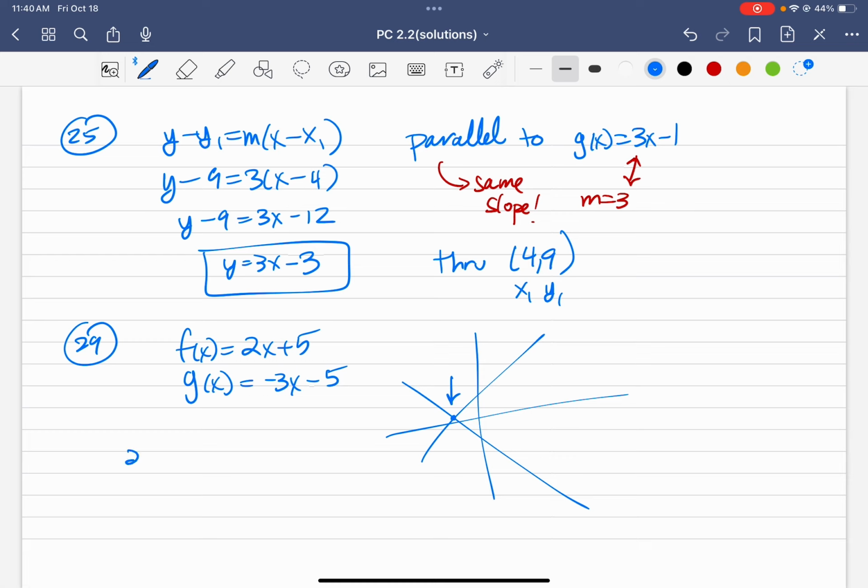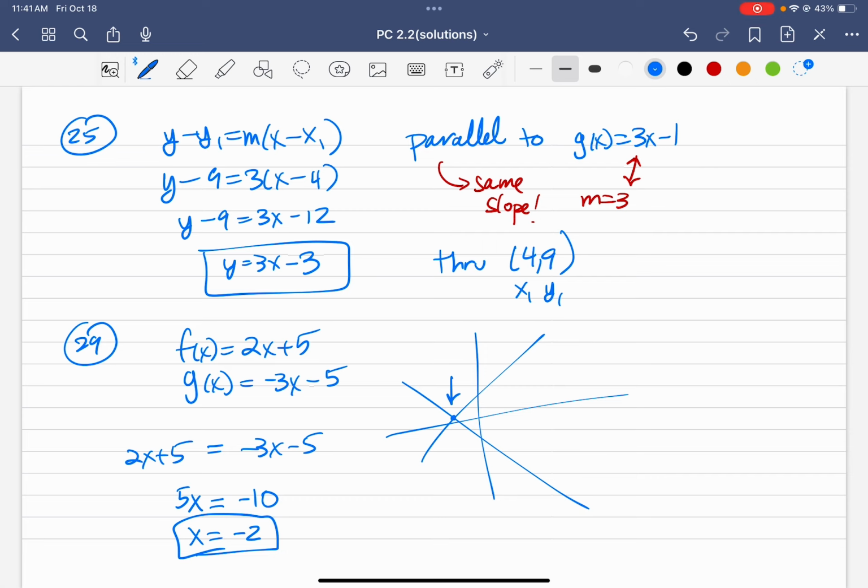So in other words, when this y value and this y value, or their outputs, are equal. So I can add 3x to both sides, subtract 5, and then if you divide, you end up getting negative 2. So negative 2 should be our answer to number 29.